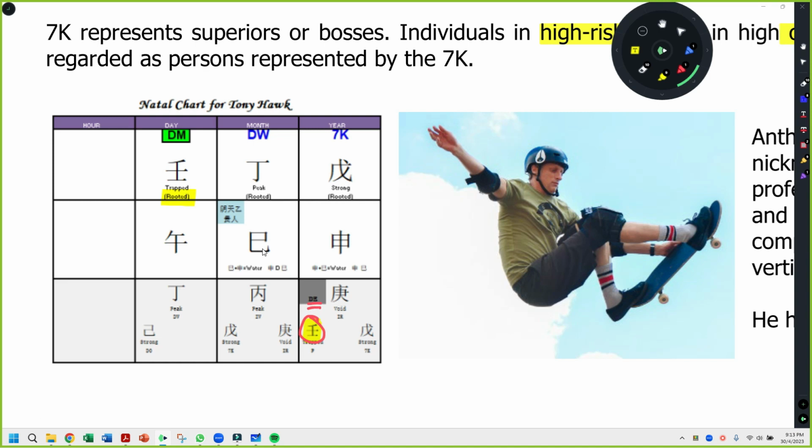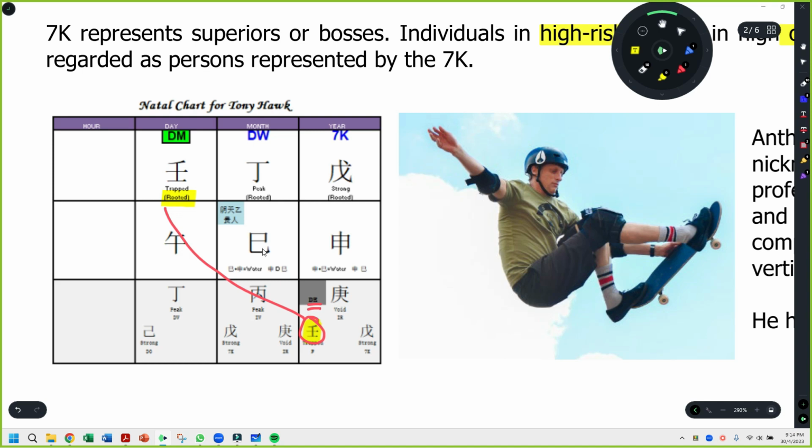This is a death and emptiness pillar, and it's a hidden stem that is quite distant from the day master. So we look into the distance and the grading. Despite the rooting, generally this is a weak day master. All right, so we'll take it from there. That's the first thing that we observe, a weak day master.